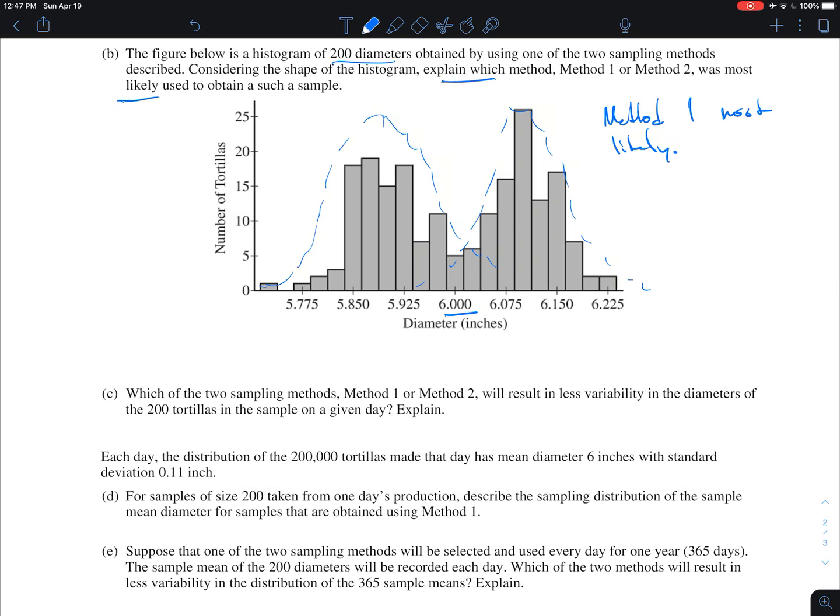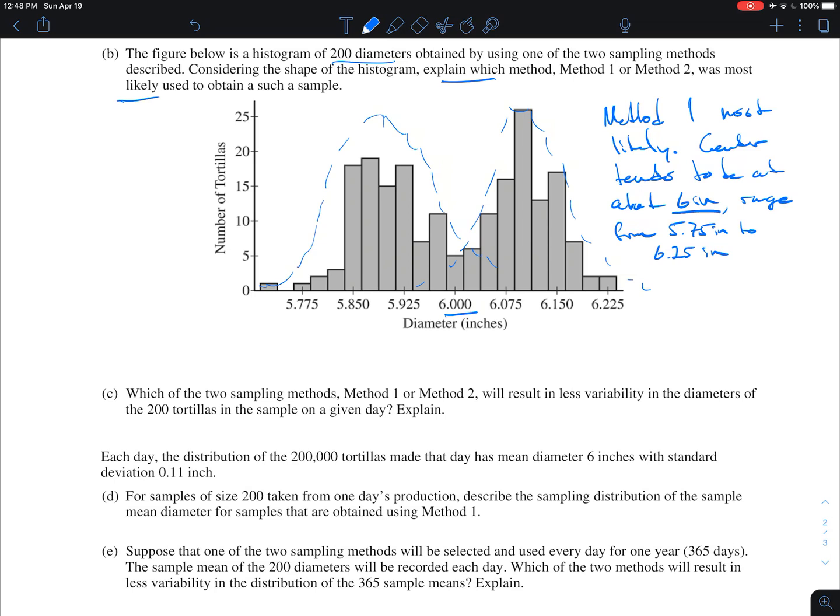And why would we say that? Well, the center tends to be at about 6 inches. Range from 5.75 inches to 6.25 inches, or whatever you want to mark it off at.